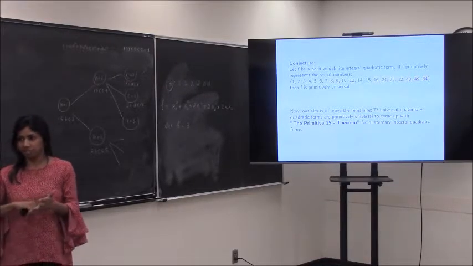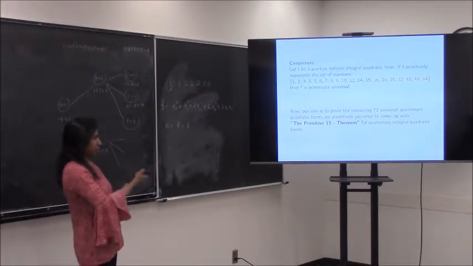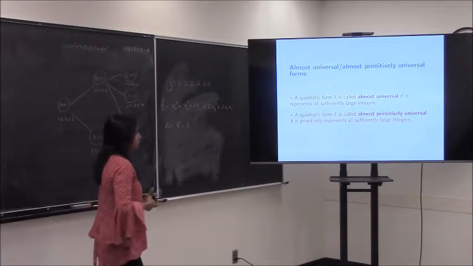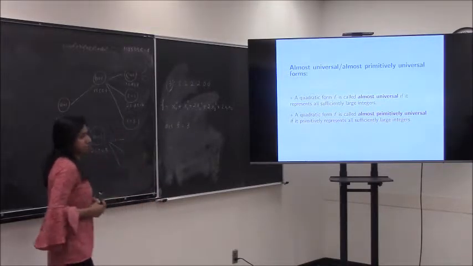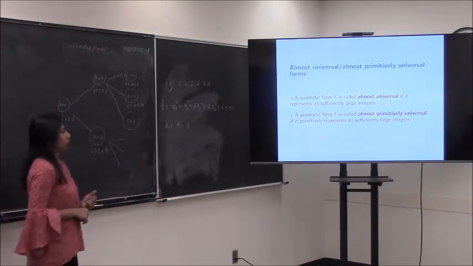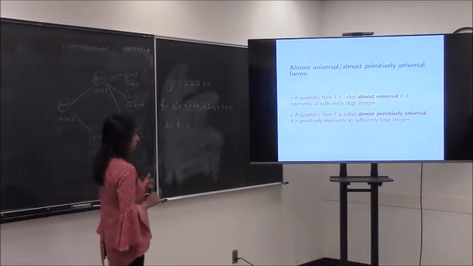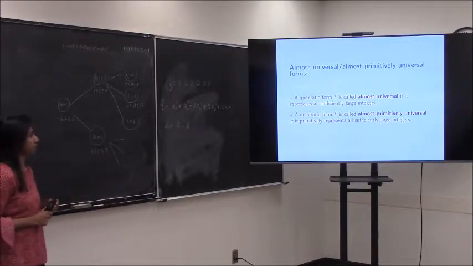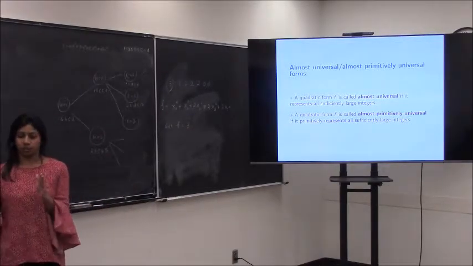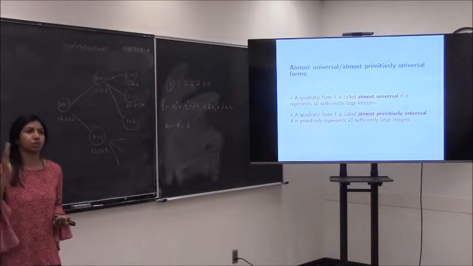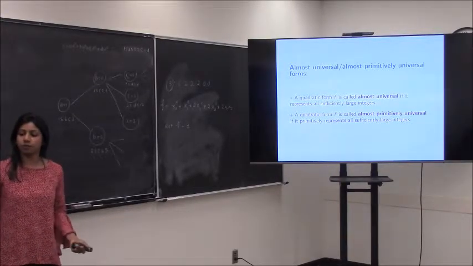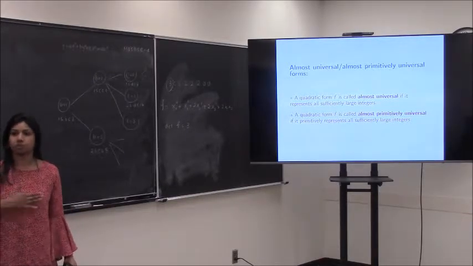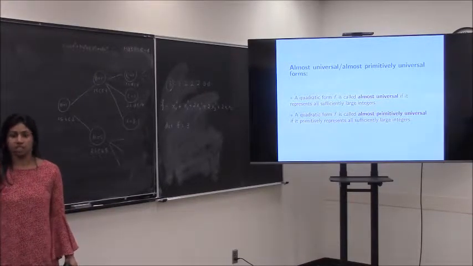primitively universal forms. Now to give my next result, I am going to introduce almost universal forms and almost primitively universal forms. Okay, a quadratic form F is called almost universal if it represents all sufficiently large integers. So that means you don't know what the limit is, but after some value, it's going to represent every positive integer.